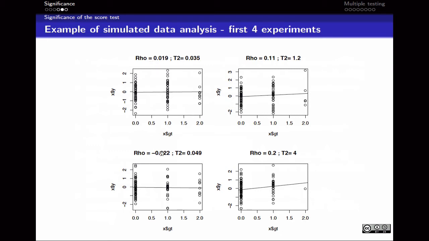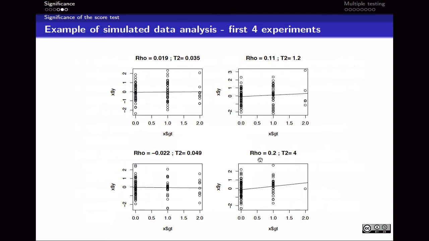For the second experiment, the same. For the third experiment again, I do see kind of a trend, but statistically it's quite weak, and my score test is 1.2, so it's still less than 3.84. However, in the fourth experiment, you see, just by random chance, I do obtain a significant trend between the genotypes and phenotypes.